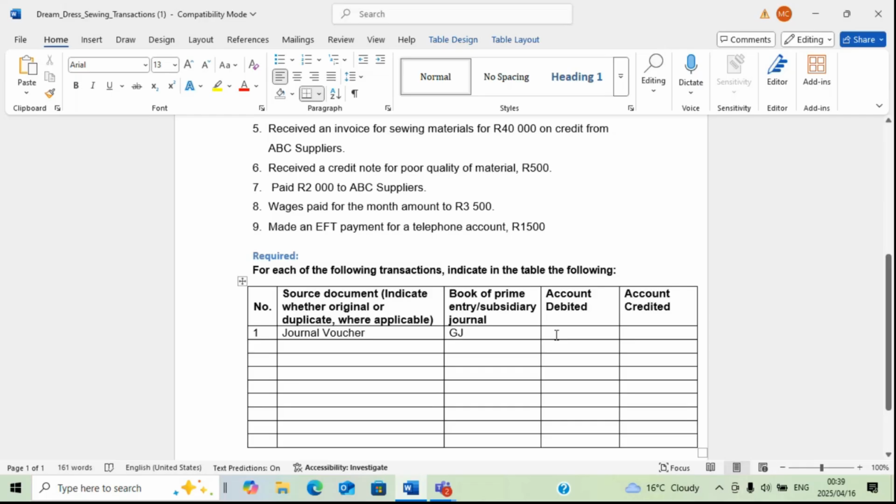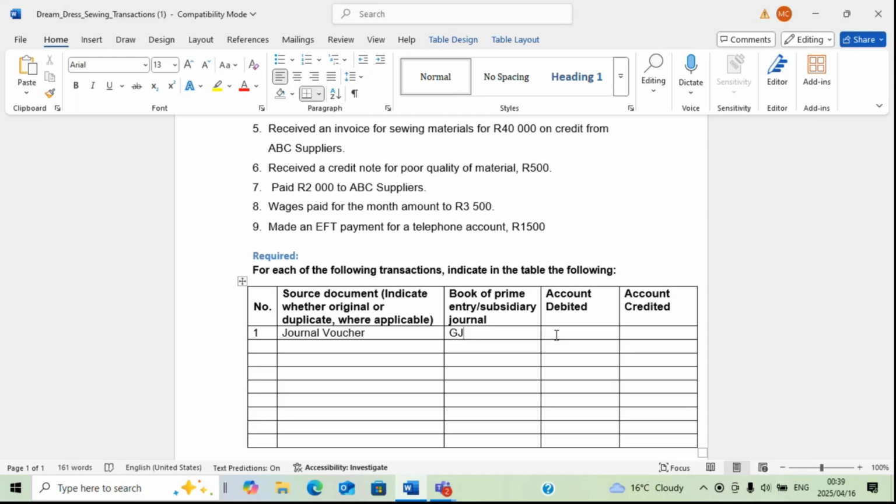Remember, in terms of debiting and crediting, you need to understand the principles of the elements of financial statements, which are asset, owner's equity, liabilities, income and expenses, right? In terms of debit and credit, where does an asset increase, where does an asset decrease, and so on for all the other elements.